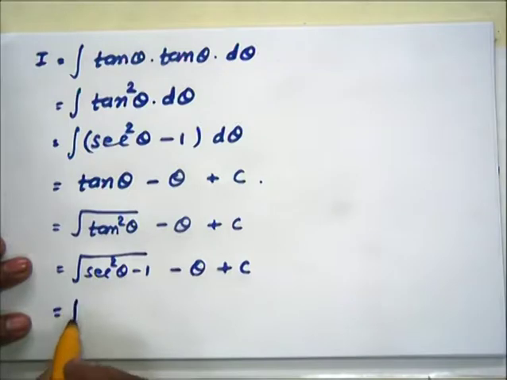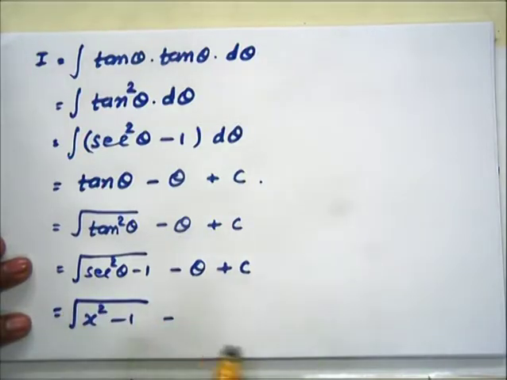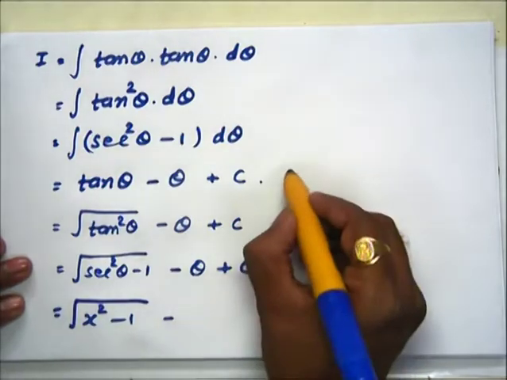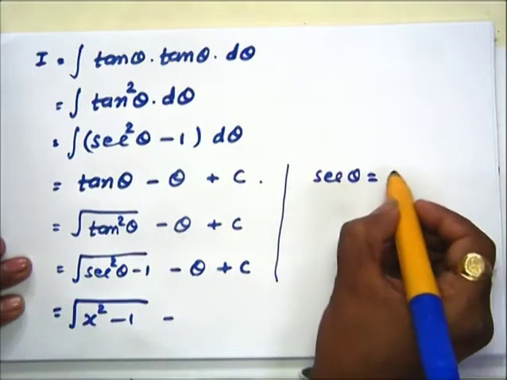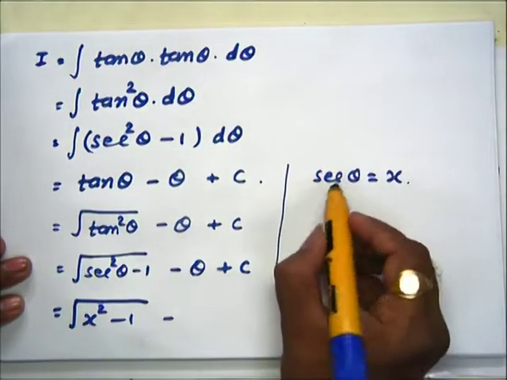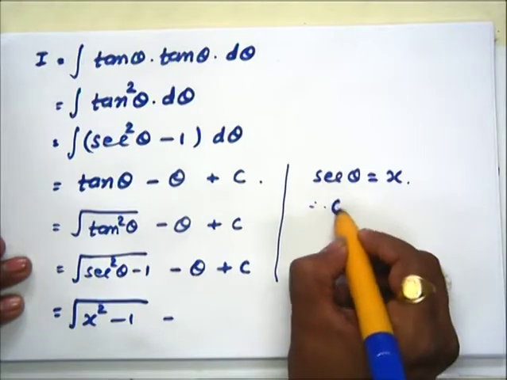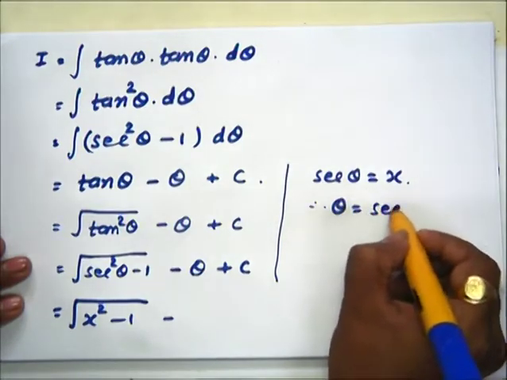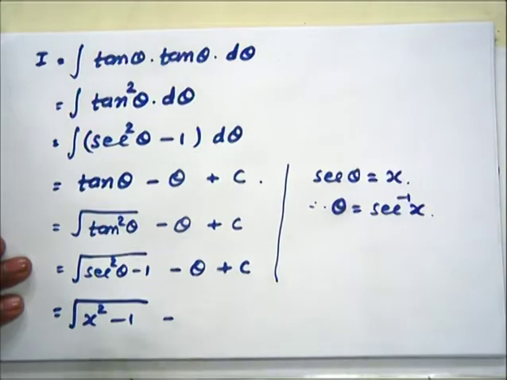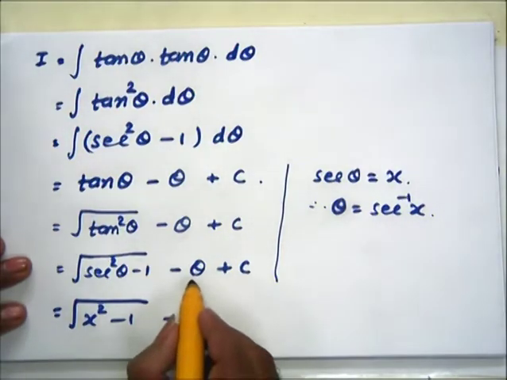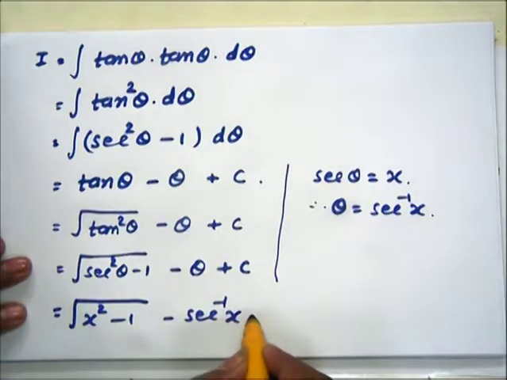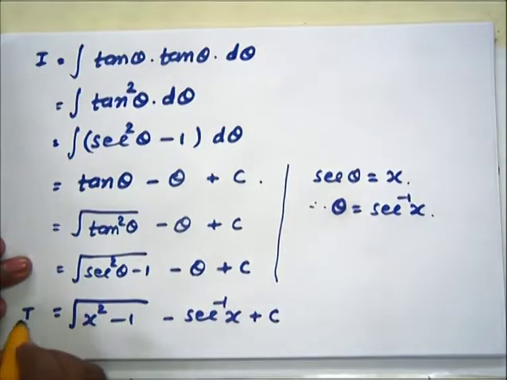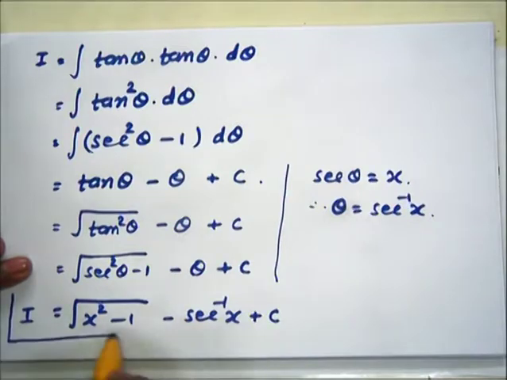Sec theta is x, so the answer is square root of x square minus 1. But what about theta? We have taken the substitution sec theta equal to x, so by the inverse trigonometric function, theta equals sec inverse x. So write sec inverse x in place of theta. So we have square root of x square minus 1 minus sec inverse x plus c. So this is our answer.